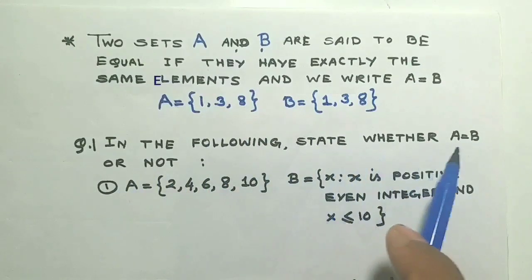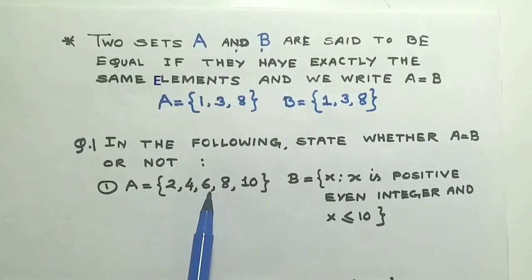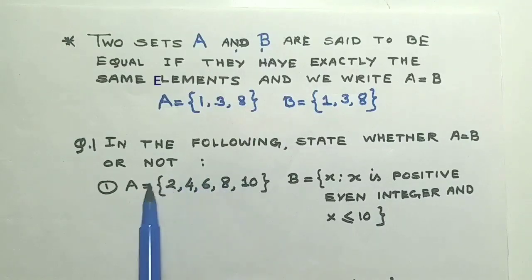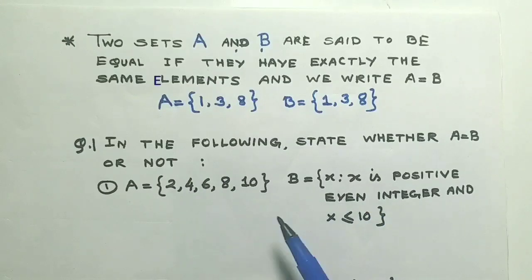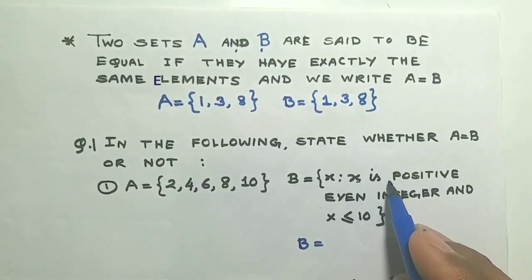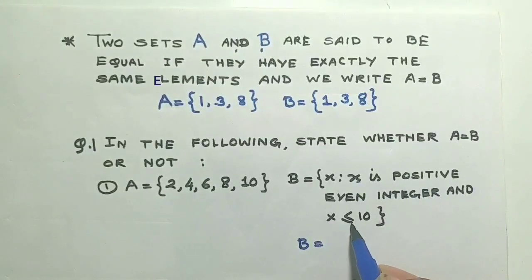Now in the following, state whether A is equal to B or not, where A is {2, 4, 6, 8, 10} and B is {x : x is a positive even integer and x is less than or equal to 10}. Are these two sets equal? For that we have to write B in tabular form. Positive even integers are given, and x is less than or equal to 10.